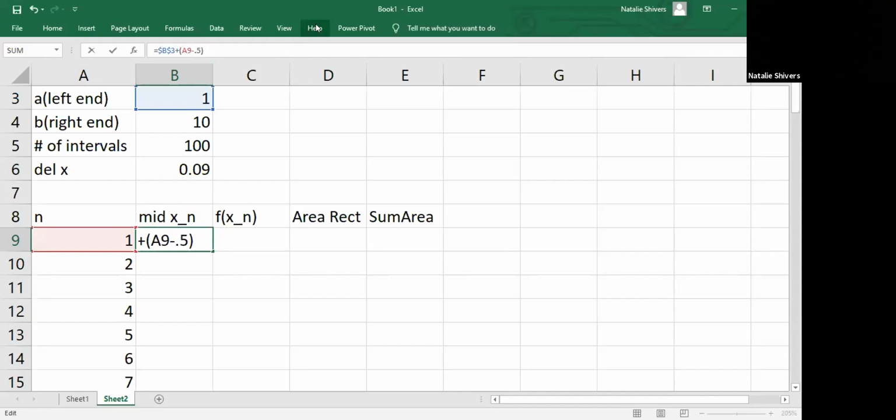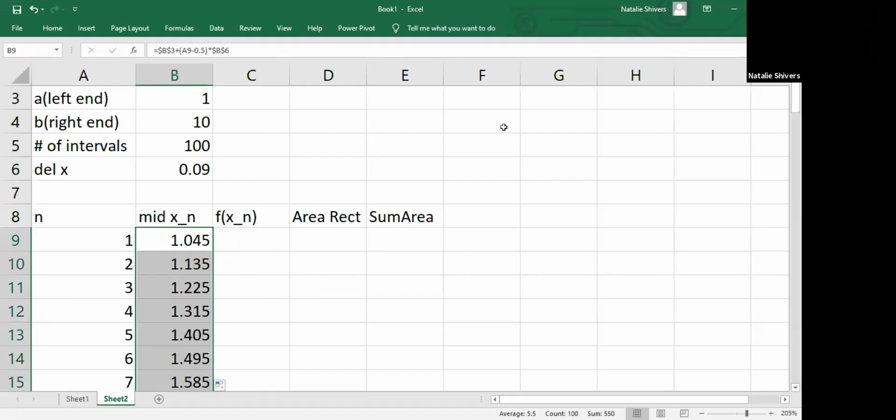Okay, there's a couple different ways I've seen it in the textbook. The best way to do it is just to subtract half of that rectangle off. So we want half the rectangle, we want to be in the middle of it, times your delta x, $B$6. So again, the only thing I want to change is this interval, and I need to do A9 minus 0.5. Okay, quick fill that one down.